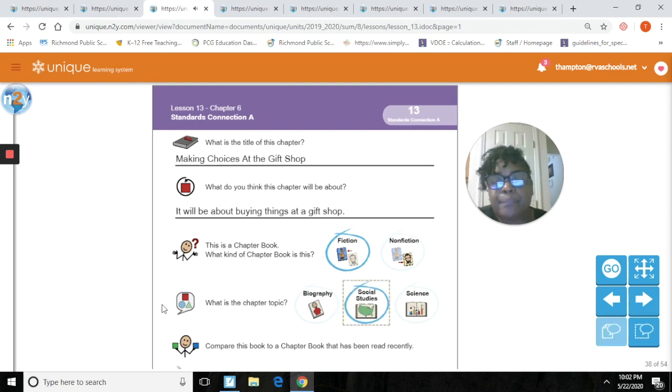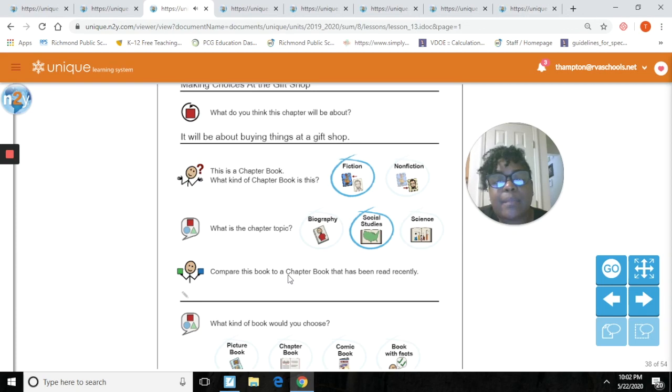All right. So it says here, compare this book to a chapter book that has been recently read. So when we compare things, what do we do? We talk about the similarities and the differences of things when we're comparing them, right? Okay. So I'm going to think about a book that I have recently read to give you an example.